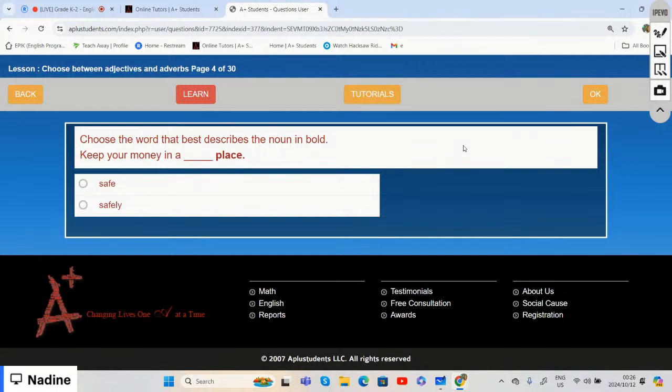Safe place or safely place? All right, then if we were to select the correct answer, then yes, we will say keep your money in a safe place.